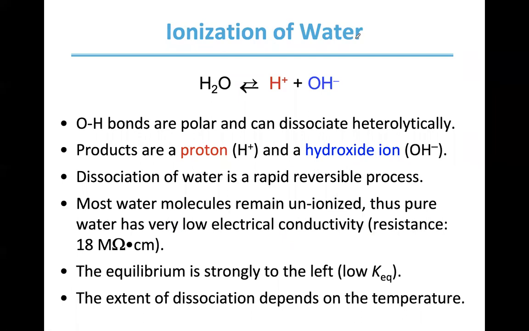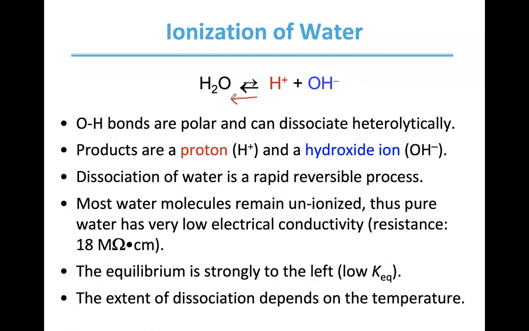All right, so let's now switch a little bit to a more mathematical description of things, something that is very important in biochemistry as well. All this was in general chemistry, so I will go through this reasonably quickly. Water will dissociate into protons and hydroxide ions, and the equilibrium largely favors water.